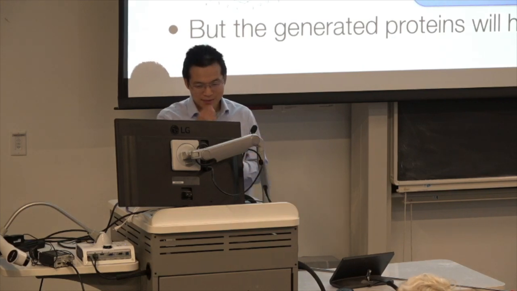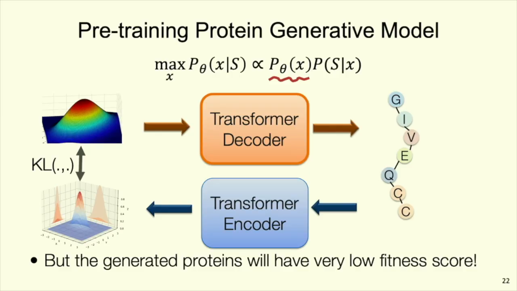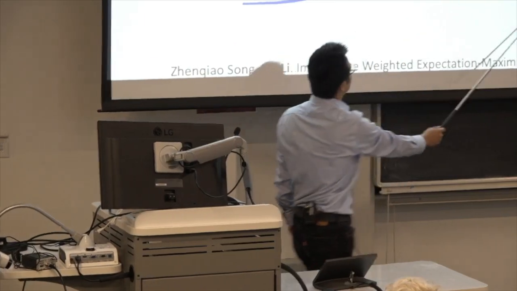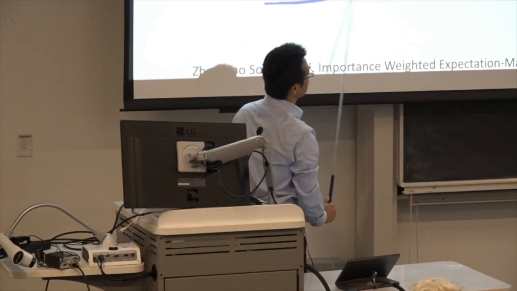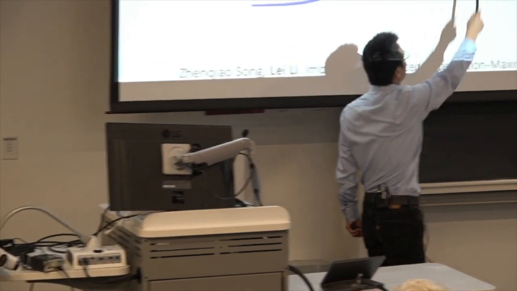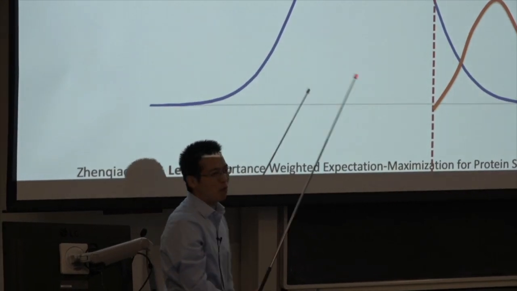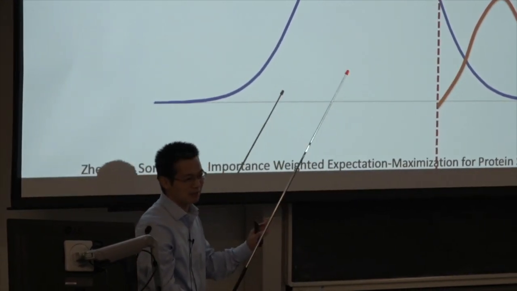Now, one specific challenge is that this works for some scenarios, but it doesn't really work well. The success rate is really low. Here's the issue with the basic variational autoencoder. If we're training a raw generation model, it's like this blue curve. This is just for illustration purposes. From this, we want to find good proteins.